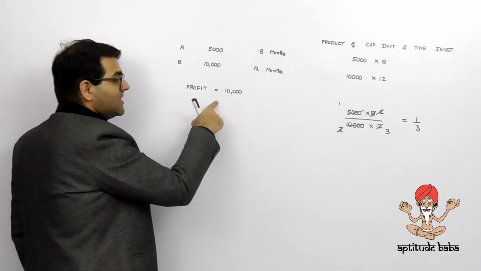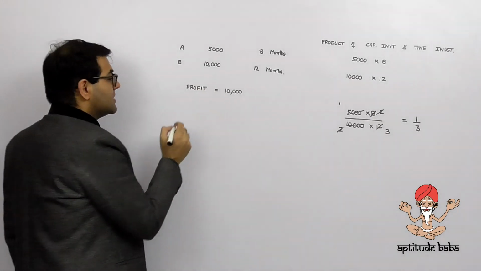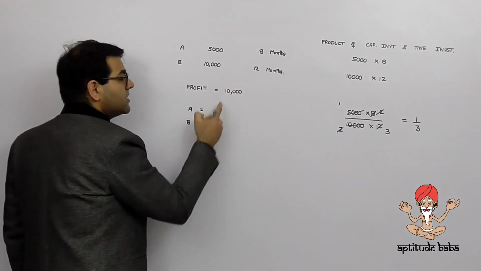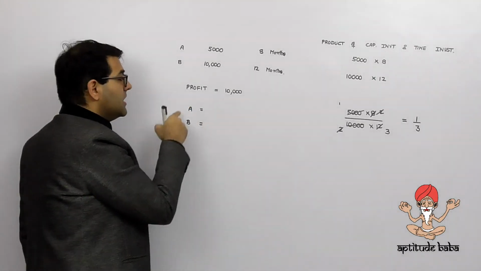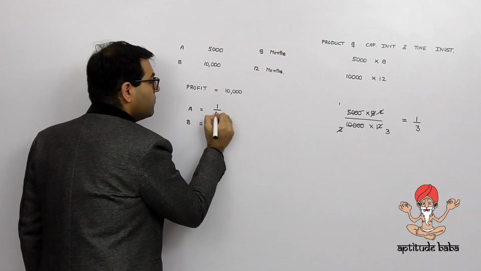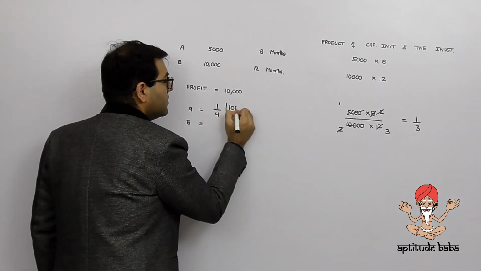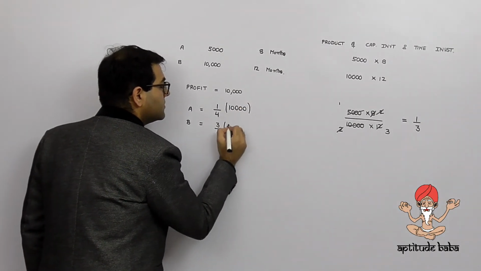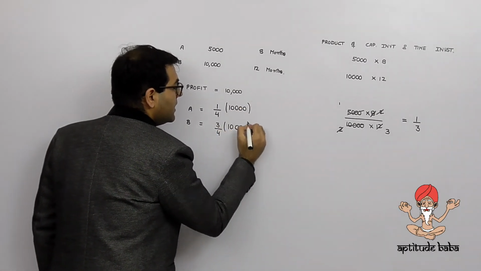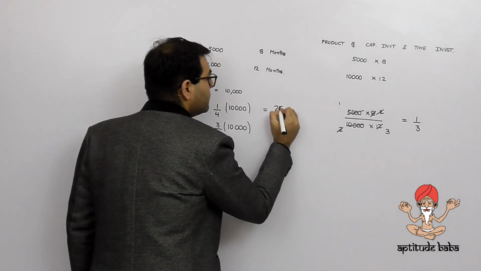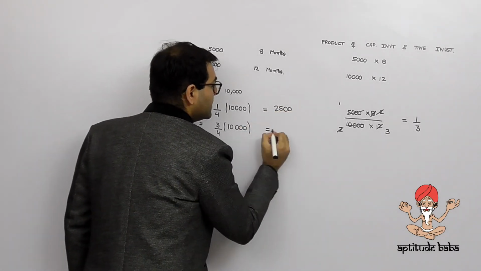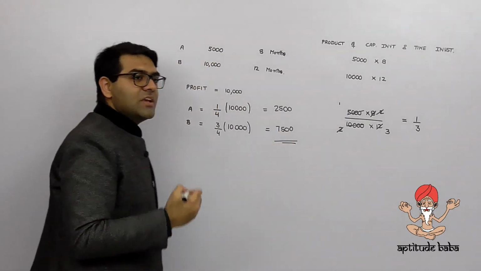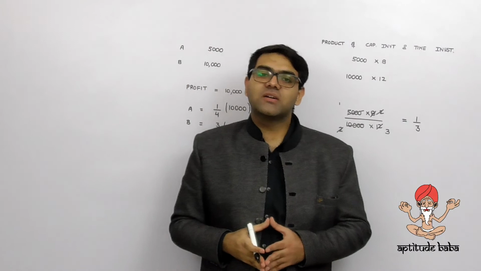Now as far as the profit of 10,000 is concerned, can I say अगर A/B में 1:3 में मुझे इस 10,000 के प्रॉफिट को डिवाइड करना है, then the share of A is going to be 1/4 of 10,000 and share of B is going to be 3/4 of 10,000. So at the end of the day A का जो शेयर है that is going to be 2,500 और जो B का शेयर है that is going to be 7,500. Hopefully we are able to understand case 3 of partnerships.